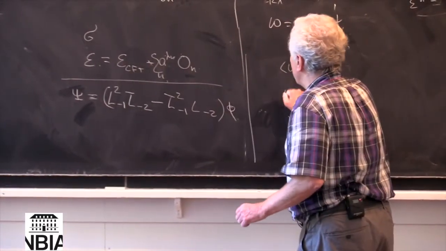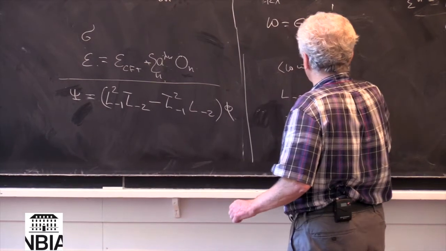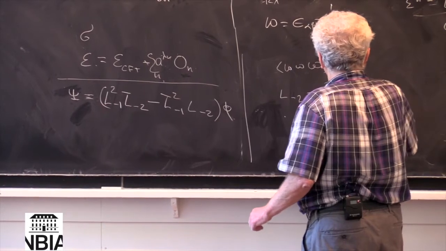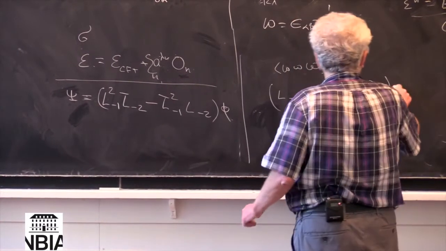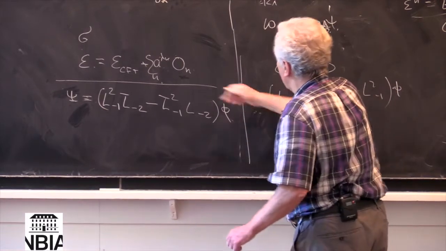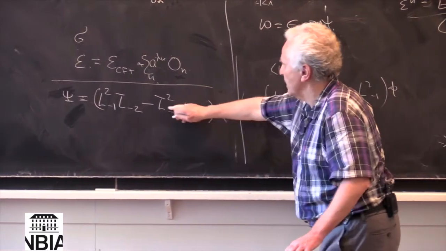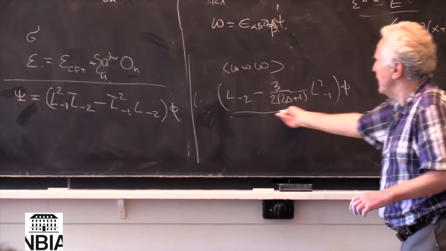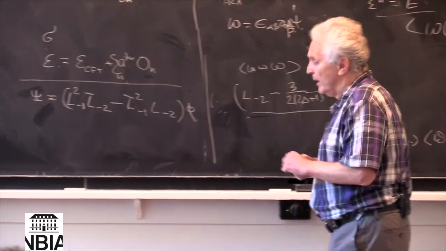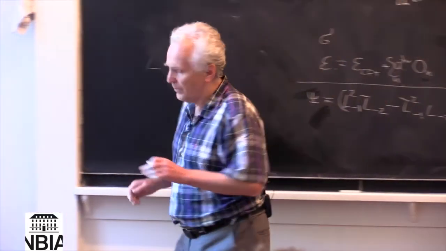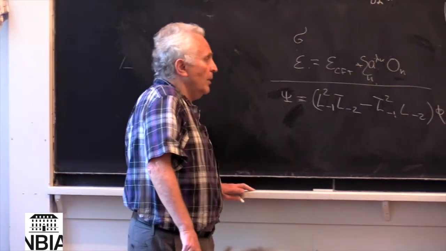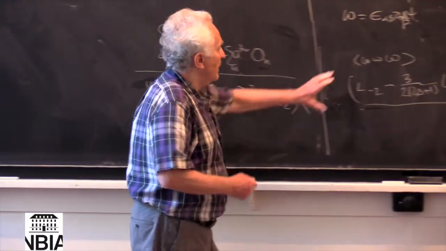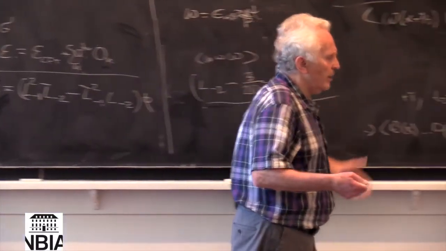Things simplify a little bit if you actually introduce the operator 3, 2, 2 delta plus 1, L minus 1 squared, and complex conjugate instead, because this term will cancel anyway, but this is projectively invariant. It's a quasi-primary operator. In any case, to make a long story short, that simplifies things a lot, but it's still very complicated.